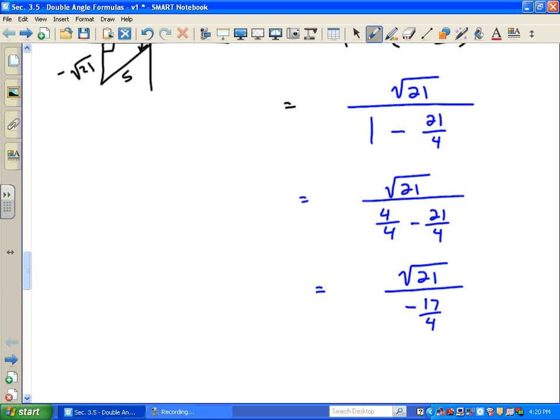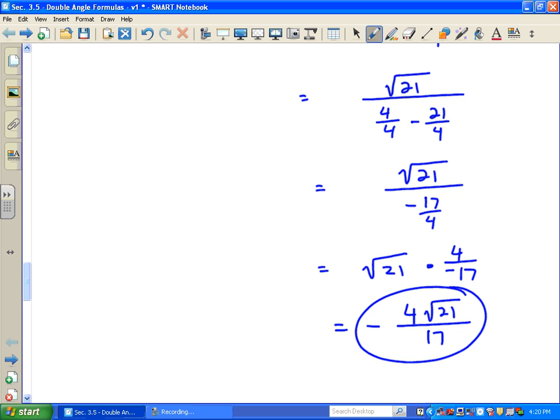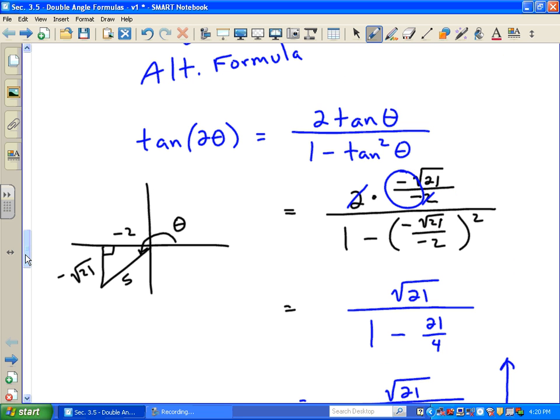And then once again, to simplify this out to something prettier, we keep the square root of 21 and we multiply by the flipped version of the second fraction. So we have 4 square roots of 21 all over 17, and it's negative. And we notice that that's the same result as what we got way back up here.